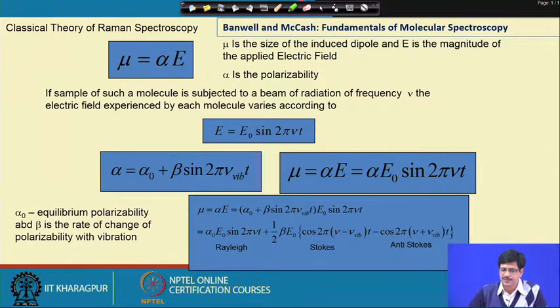These have been taken from standard textbooks like Fundamentals of Molecular Spectroscopy by Banwell and McCash, and any interested reader who wants a more fundamental idea about the spectroscopy as it is applied can refer to it. Both infrared and Raman spectroscopy are covered as a part of molecular spectroscopy.